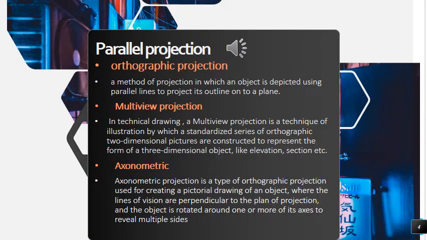Parallel projection. In parallel projection, orthographic projection is one part, a method of projection in which an object is depicted using parallel lines to project its outline onto a plane surface.